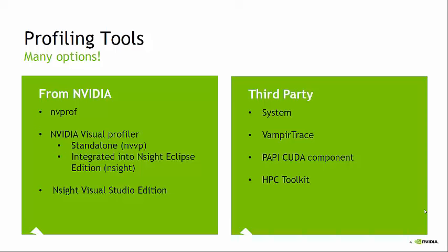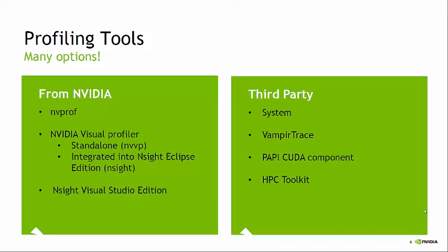There's also Nsight Eclipse Edition, which is based on the Eclipse IDE. That has some debugging in it, and it also includes the visual profiler through the same interface as nvvp, and that's on Linux and Mac. Finally, there's Nsight Visual Studio Edition, so that hooks into the Visual Studio IDE. It, as a profiler, provides much of the same features as the visual profiler, but it presents it slightly differently.